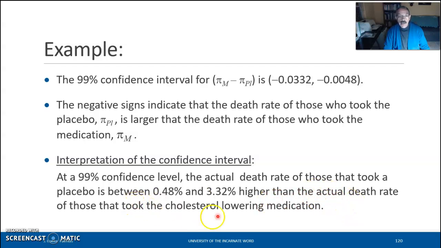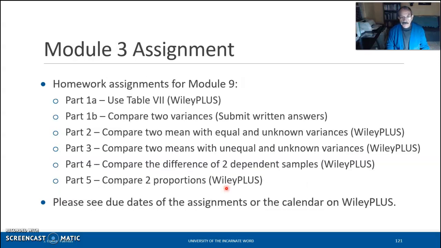So you can see that this medication seems to reduce the death rate. Not very much, but perhaps enough to start marketing this new drug. All right, this is the end of this example, and this is the end of all the topics that I wanted to discuss with you on Module 9.